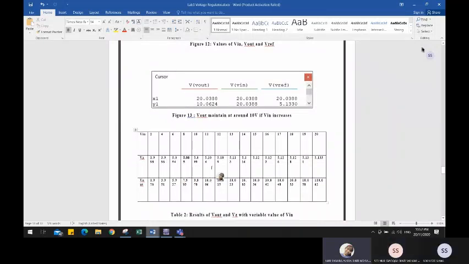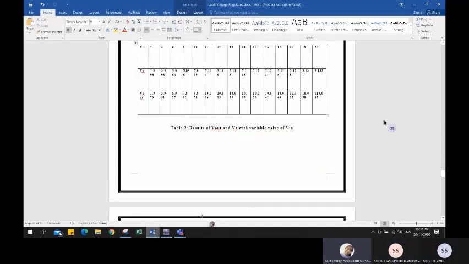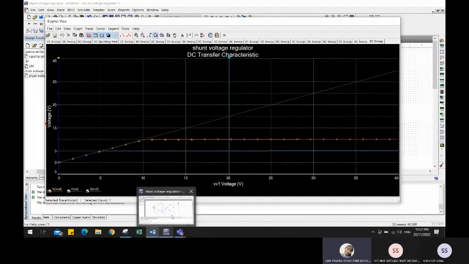As you can see, for most of V in from 6 until 20, we managed to get 5.1 for the VREF, but for 2 and 4 we didn't get the results we wanted. Apart from those, we succeeded. Okay, that's all for Shan, and for the next part I'll pass to Shafika.